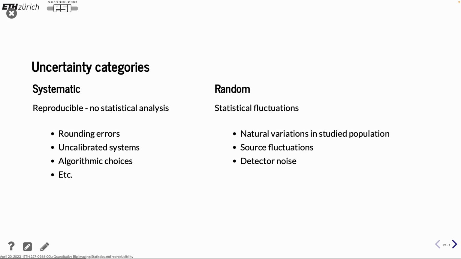So if you have some illumination source in your imaging system and that one fluctuates, it also gives you some random changes. And on top of that, you have detector noise on different levels, how the radiation is captured, what the electronics is doing, and so on.